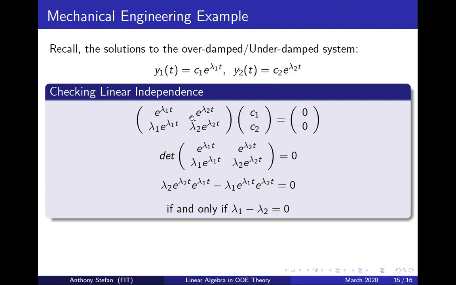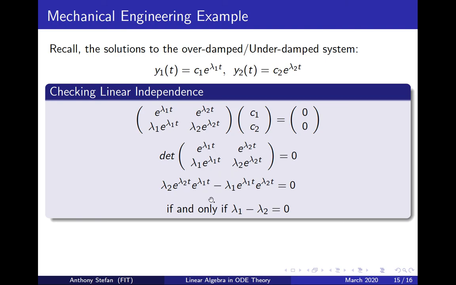Here's y1, y2, and the first derivatives of y1 and y2, with two unknowns. Setting this up as a linear system is equivalent to the determinant of this system. If we set that equal to 0, we can then solve for the determinant.